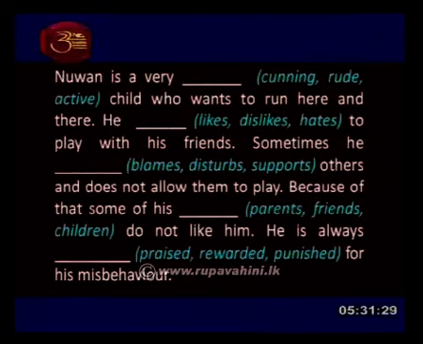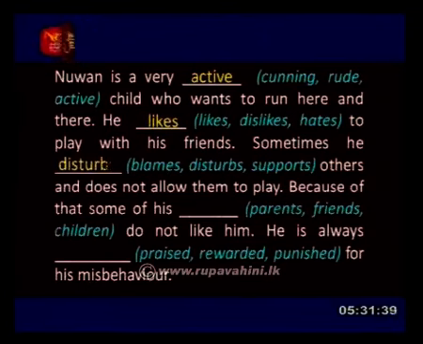Nuan is a very active child who wants to run here and there. He likes to play with his friends. Sometimes he disturbs others and does not allow them to play. Because of that, some of his friends do not like him. He is always punished for his misbehavior.